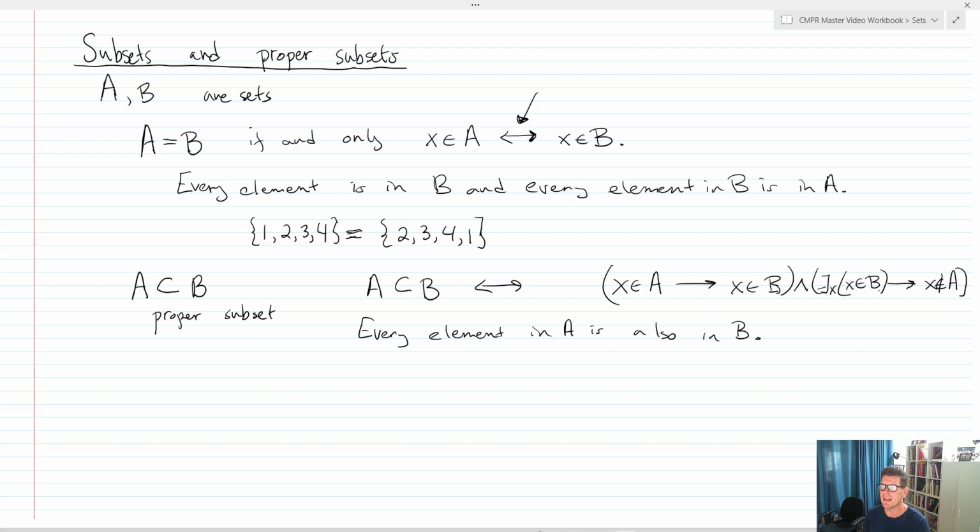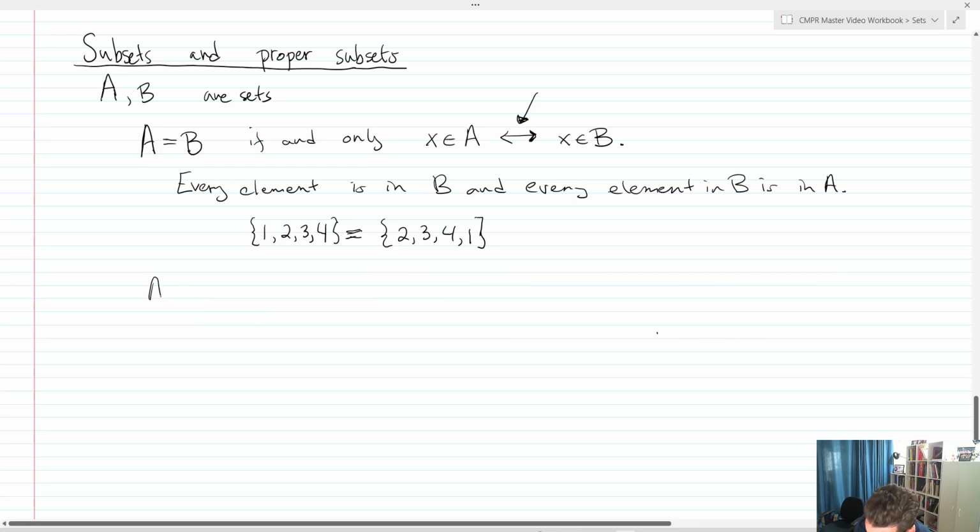And what that basically means is that we've got an x. So let's say that A is a proper subset of B, okay? So that's what this symbol means right there. That's a proper subset.